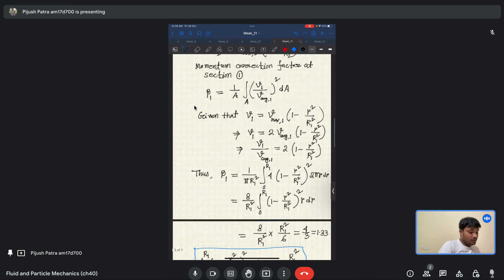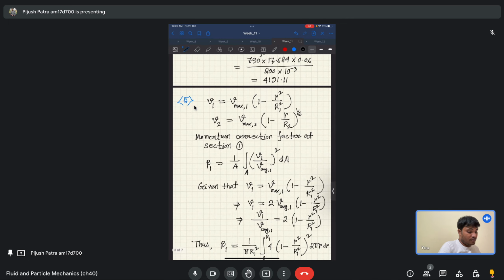Okay, what is the velocity profile there? So v2 by vmax.